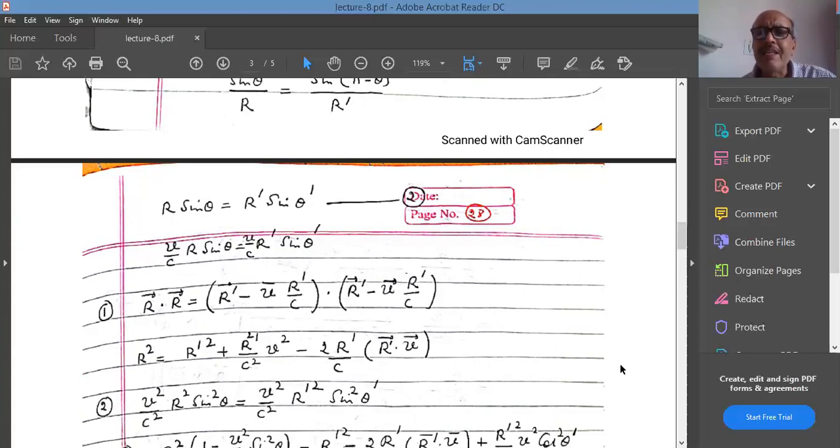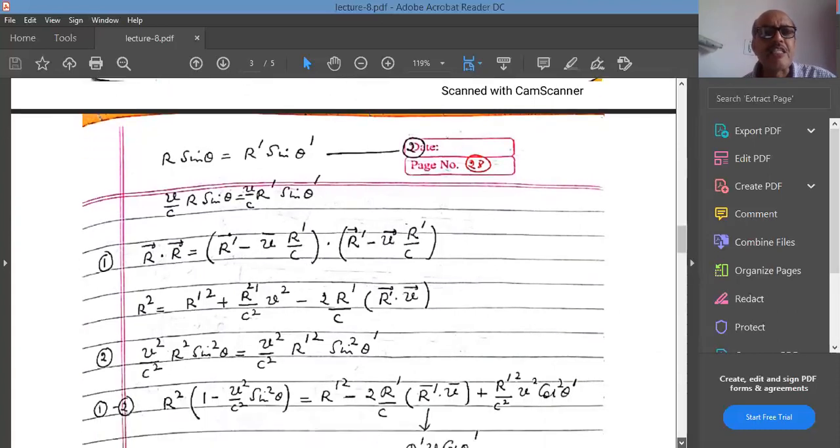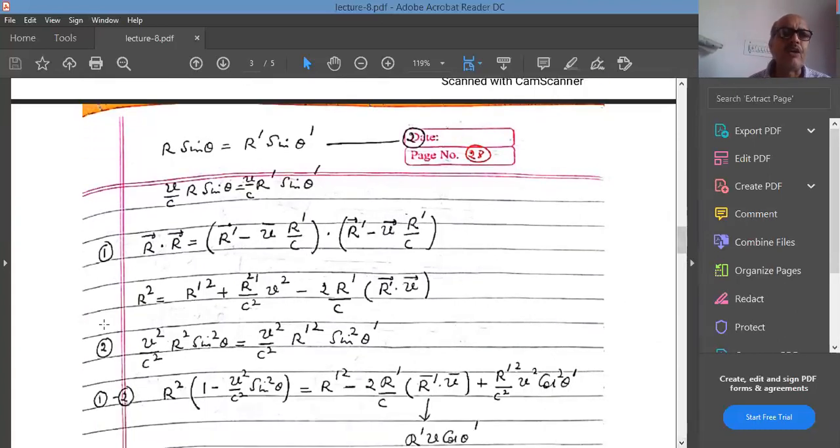So once you combine these two terms, our equation number 1 squared results in r² equal to r'² plus r'²/c² into v² minus 2 into r'/c into r' dot v.